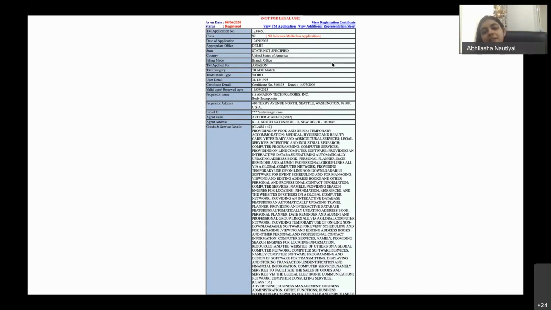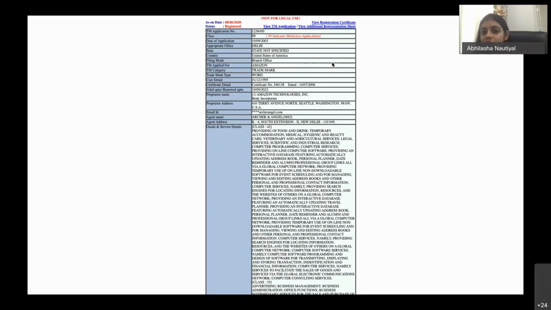Now this class is a classification of goods and services that is followed the world over, including in India. So what the Trademark Office has done, they follow this international classification system where different goods and services are clubbed differently. So here, for example, if you come down and you look at the last column that you can see on this last row that you can see on the screen is goods and services. And then it says class 42.